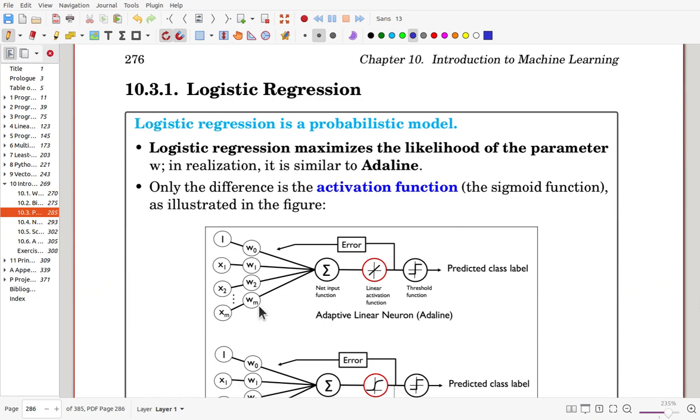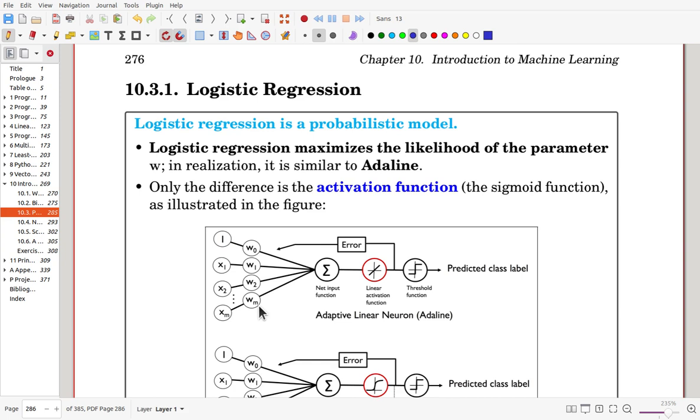Now we'll begin logistic regression. Logistic regression is a probabilistic model. The method maximizes the likelihood of the parameter W. In realization, it is quite similar to Adaline.